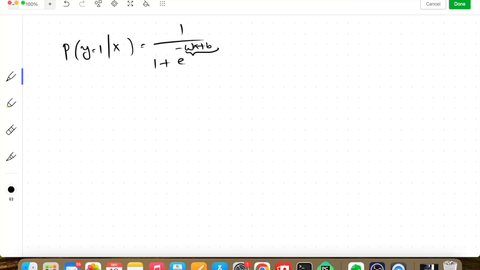Now the threshold part comes, where to decide the actual class, the decision rule would be like this. So the predicted y would be 1 or 0.